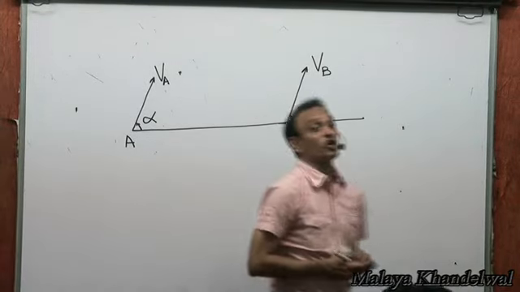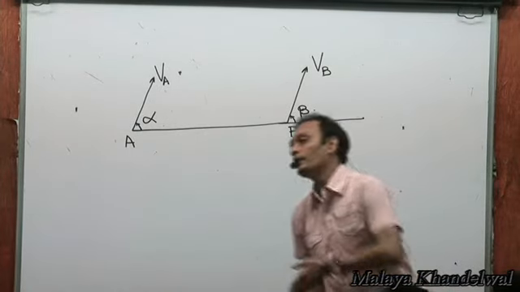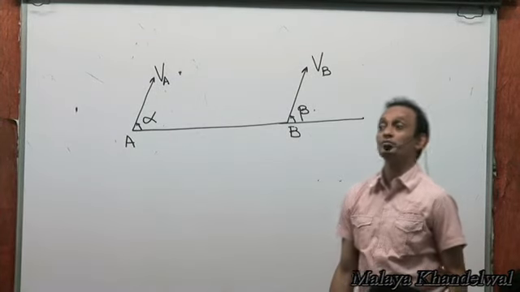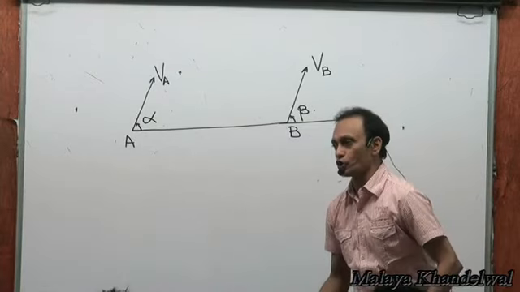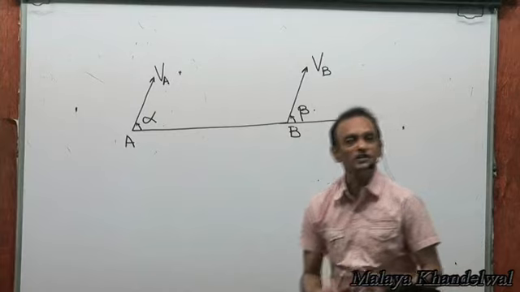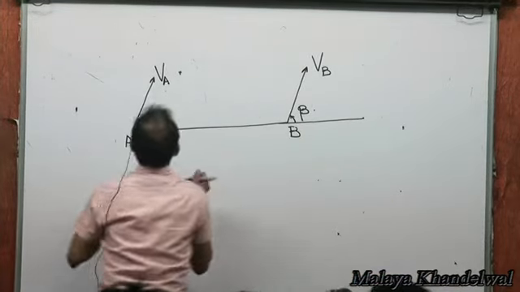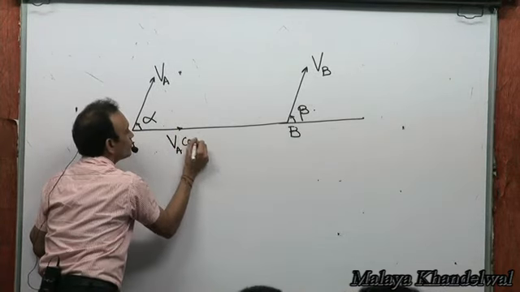So this time the velocities are neither along the line joining the two, nor are they perpendicular to it. So in order to compute the angular velocity of B with respect to A, I resolve these velocities along AB and perpendicular to AB. Velocity of A along AB is VA cos alpha.